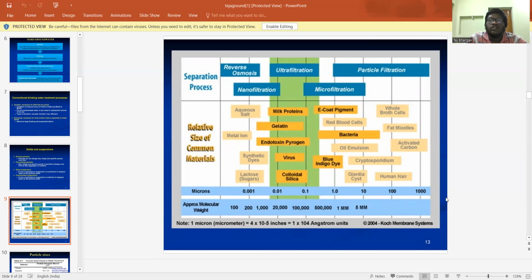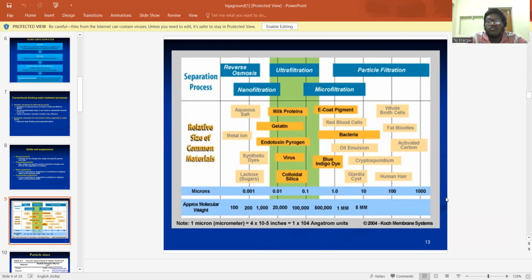In ultrafiltration, we can filter milk proteins, gelatin, endotoxin, virus, colloidal silica. In microfiltration, we can filter E. coli, pigment, red blood cells, bacteria, oil emulsion, blue indigo dye, Cryptosporidium, Giardia cysts, human hair, whole blood cells, fat, muscles, and activated carbon.